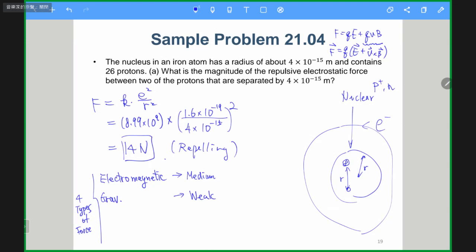But when we consider two protons, you can imagine the electromagnetic force is much stronger than the gravitational force.